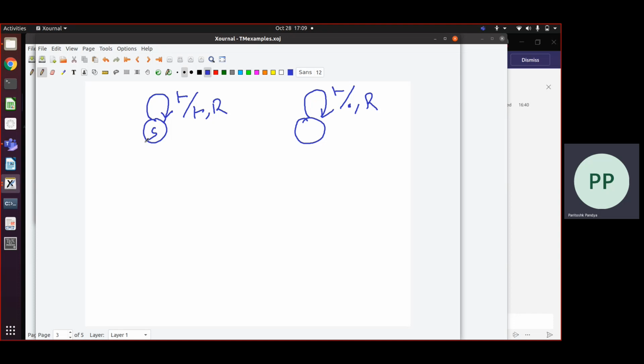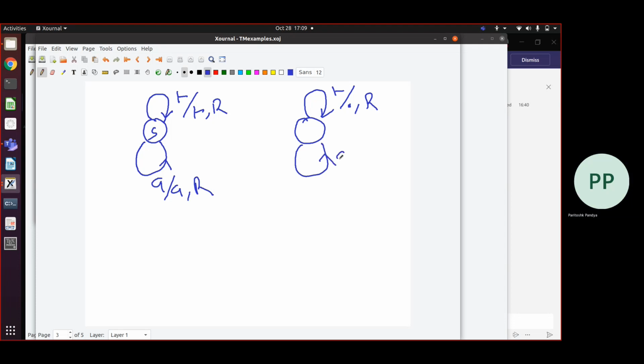And if I have another move which says on reading an A, I rewrite back A, moving one step to the right, I can put A, dot, comma, right. But I can also combine these two transitions.